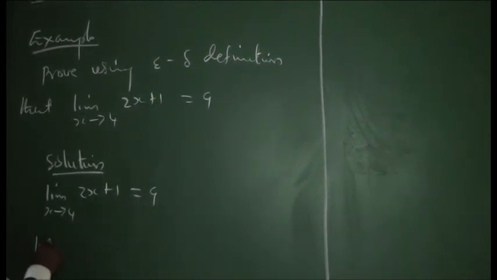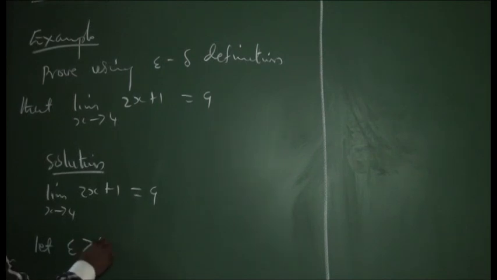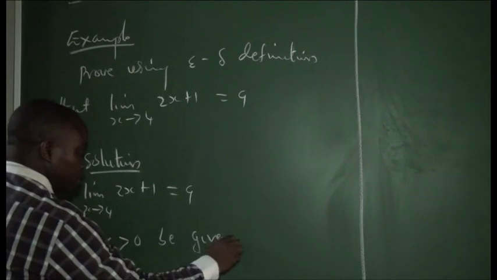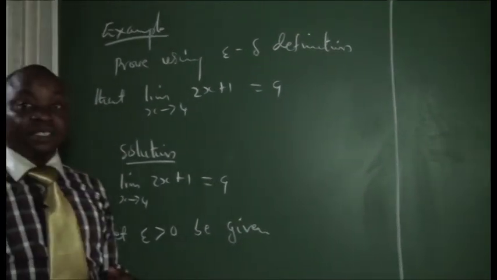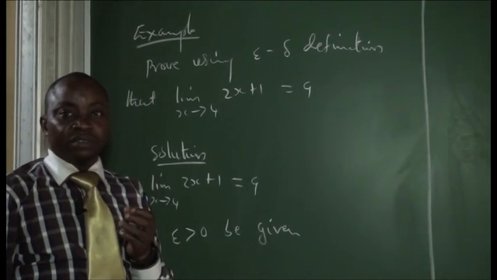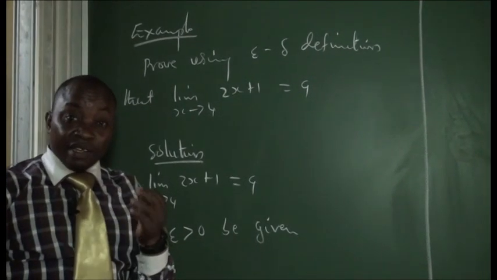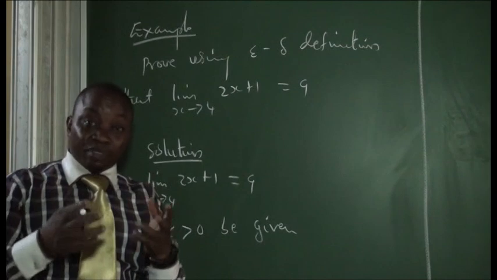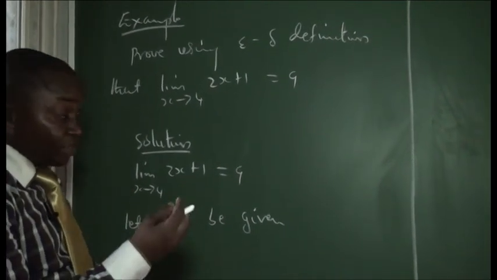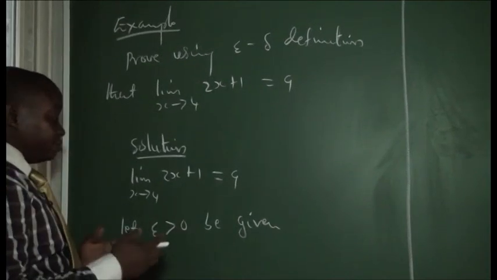So let epsilon greater than 0 be given. What I mean there is, let there be a small positive value, however small. Even though it's very small, let it be.